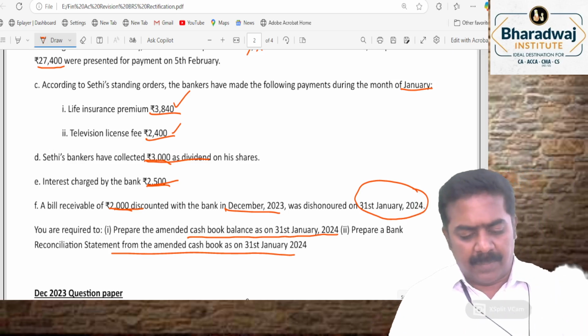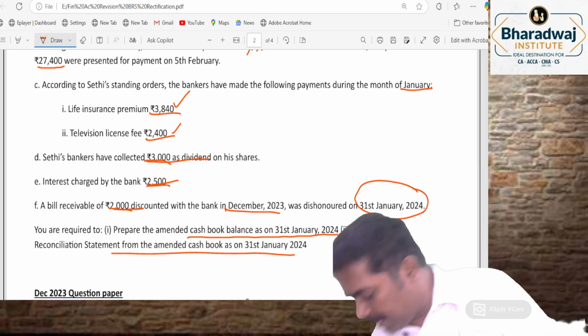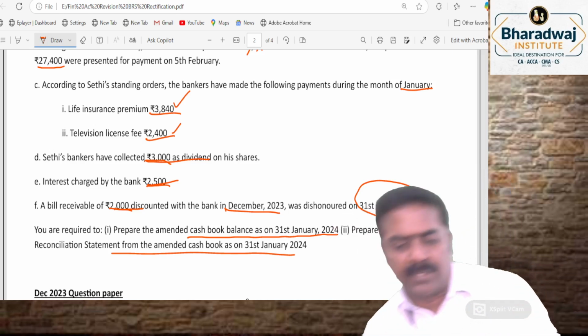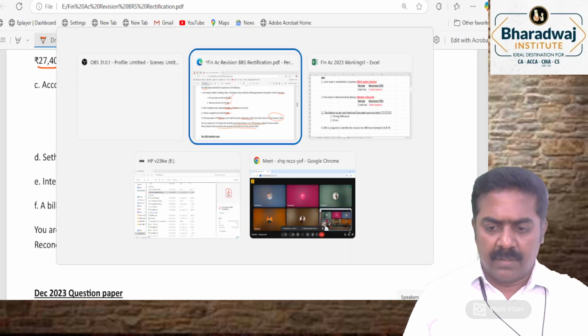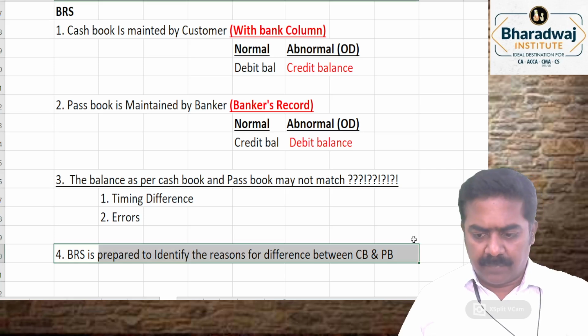Preparation of amended cash book. Preparation of which one? Amended cash book.